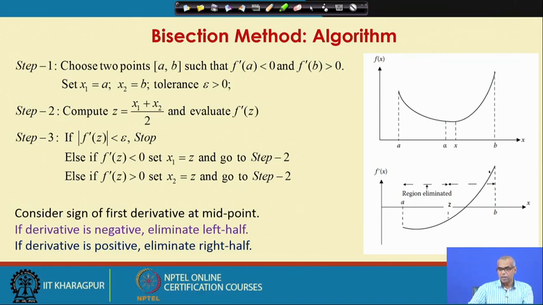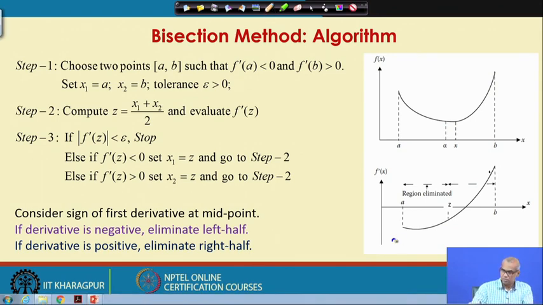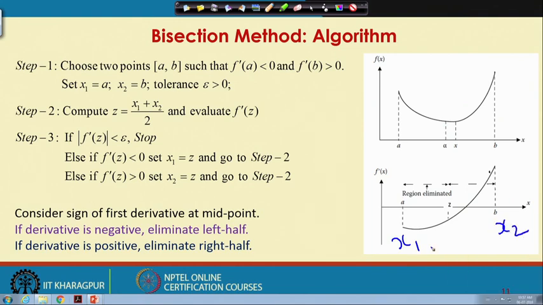So, depending on which part you eliminate, you set either x 1 equal to z or x 2 equal to z. In the figure shown, at z the derivative is negative.